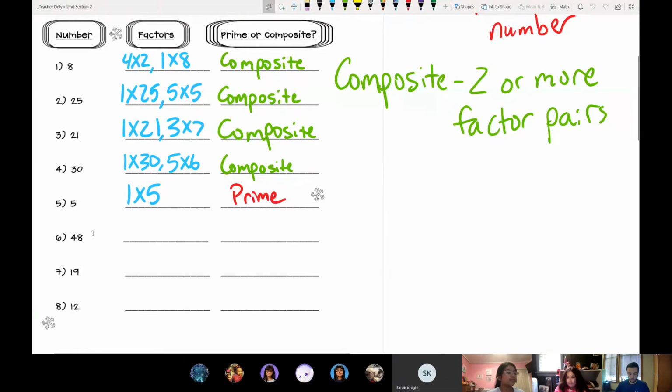Let's look at 48. What are the factors of 48? I see Camila and Malia have their hands up again. I want to hear from some other people too. I want to make sure that the rest of you have it as well. Elizabeth?